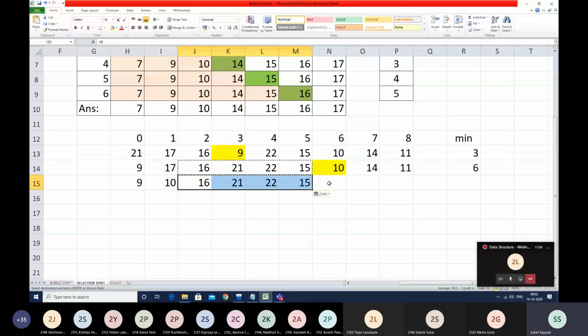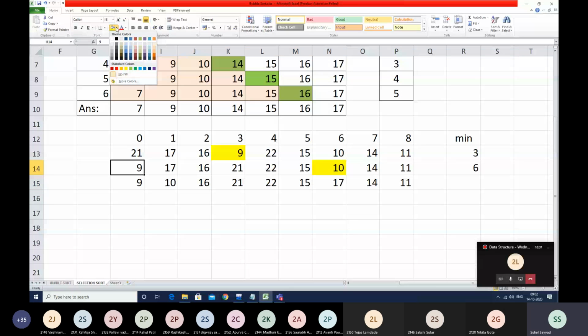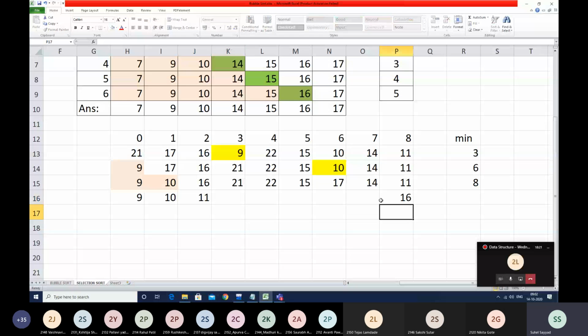Next step, what was the next min? 8. 8 was the next min index. So a swap between 11 and 16 would have happened. Other elements remained as they are.